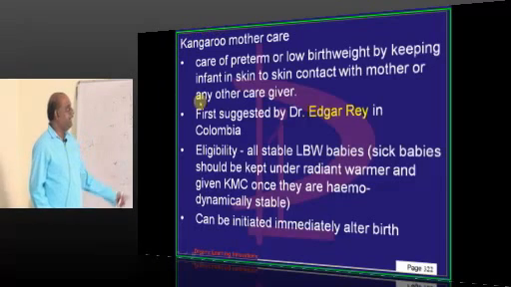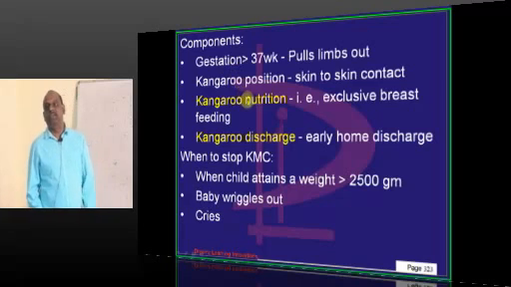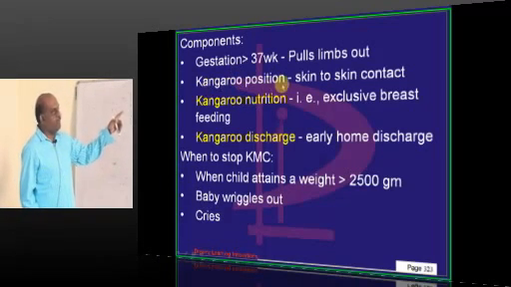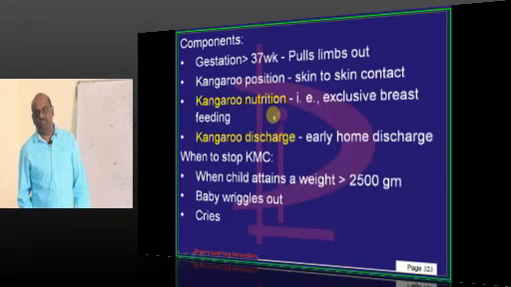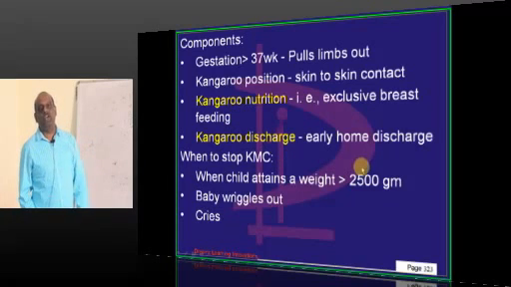So when do you do this? Whenever the gestational age is more than 37 weeks. Kangaroo position means skin to skin contact, kangaroo nutrition means exclusive breastfeeding, kangaroo discharge means early home discharge from the hospital.